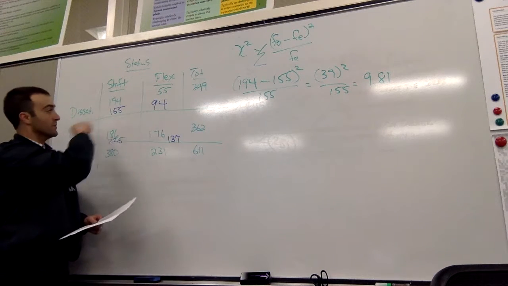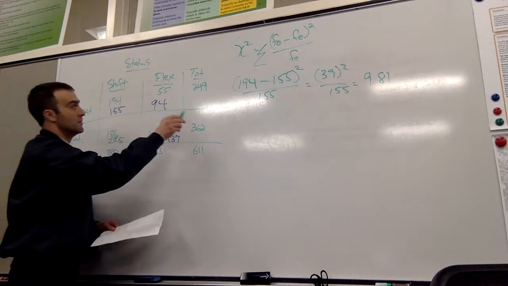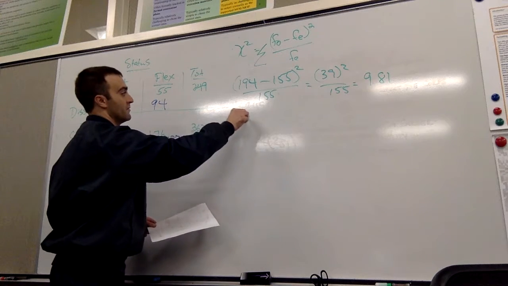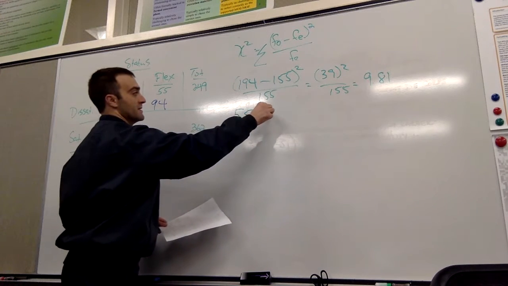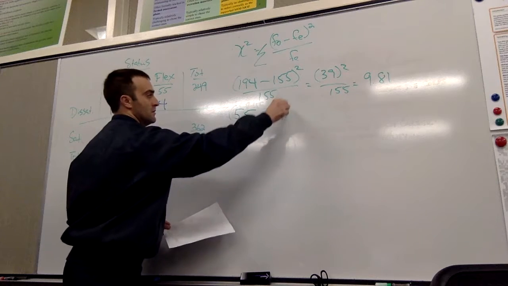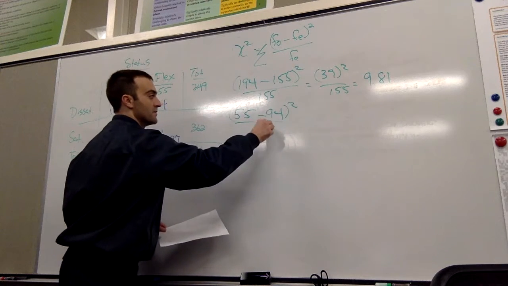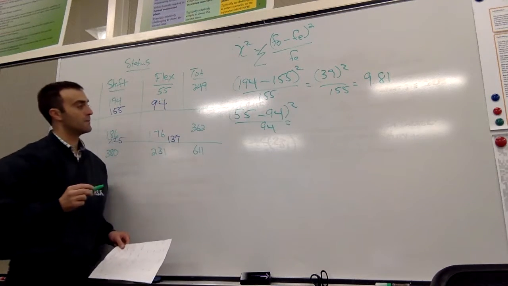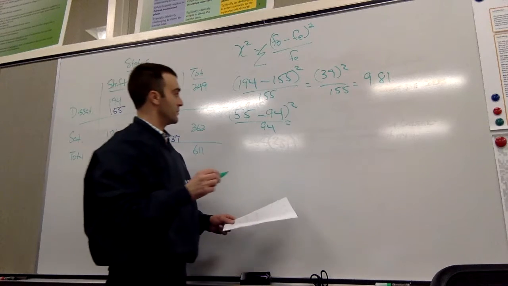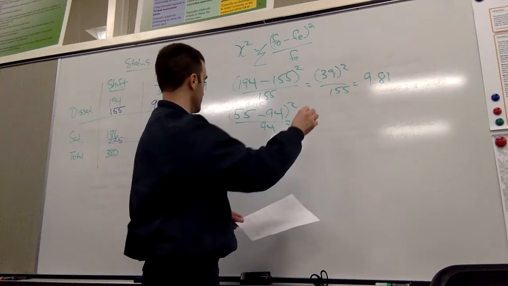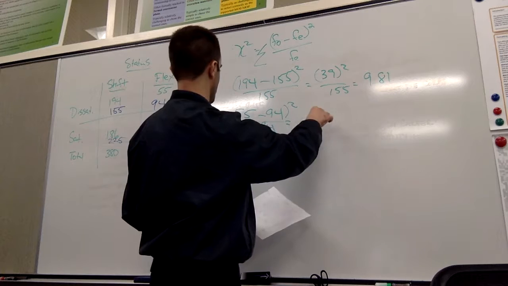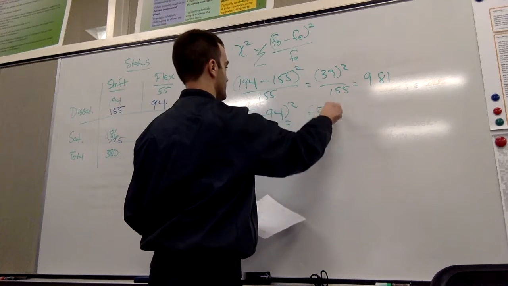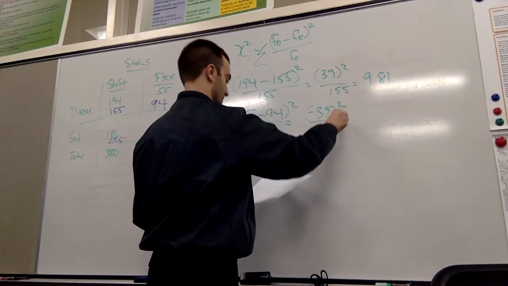Going clockwise to flex dissatisfied, we observed 55, expected 94. Square that difference and divide by the expected 94. You should get a negative 39 again, right? 39 squared over 94.